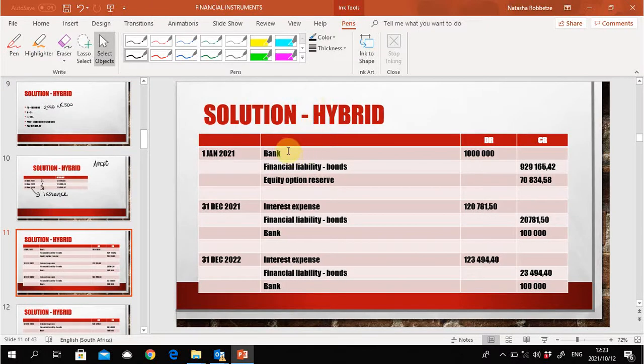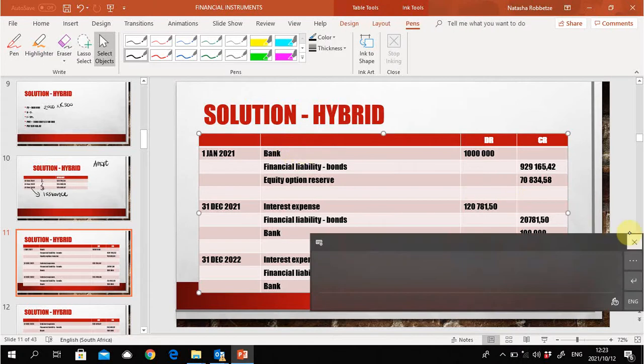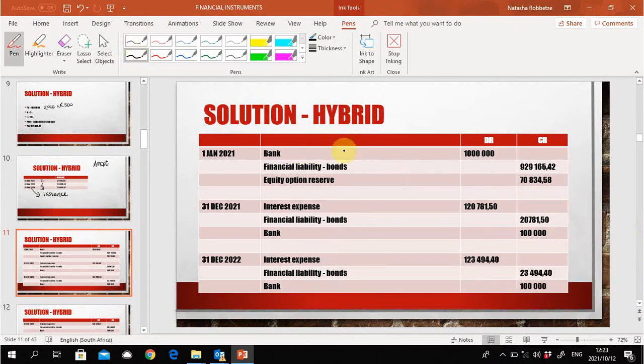Right, so going back to the solution, we're going to increase the bank, and the bank is increased by the future value that we typed into our calculator. Then the financial liability is the present value calculated on the calculator, and then you will find that the debits and the credits on the issuance date are not balancing out.